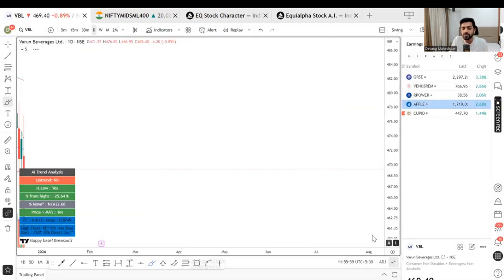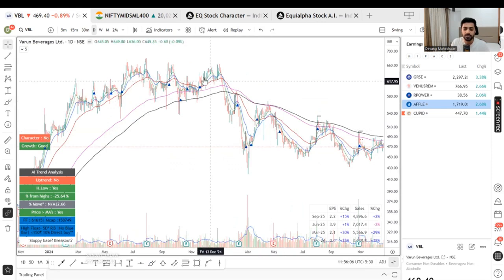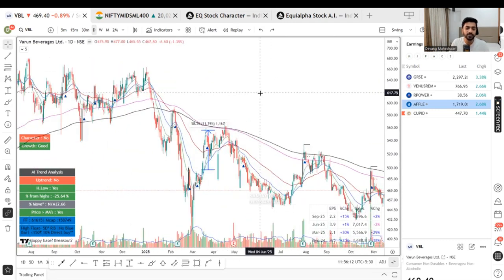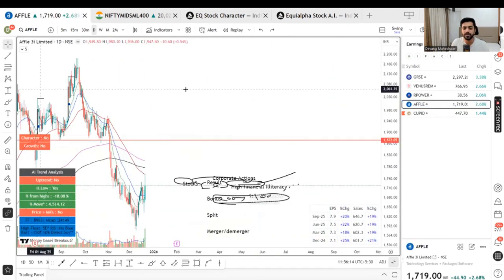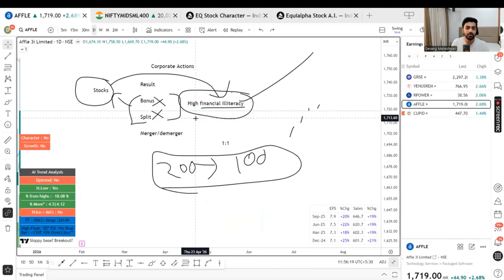People see bonus, they buy because they don't understand things. So sometimes before a bonus there are sudden movements, sometimes breakouts also, and people go into it, and that's why we don't want that.